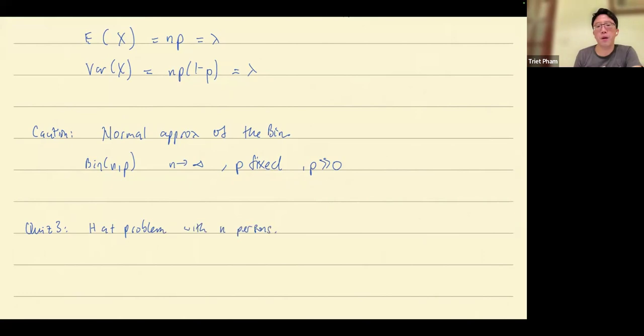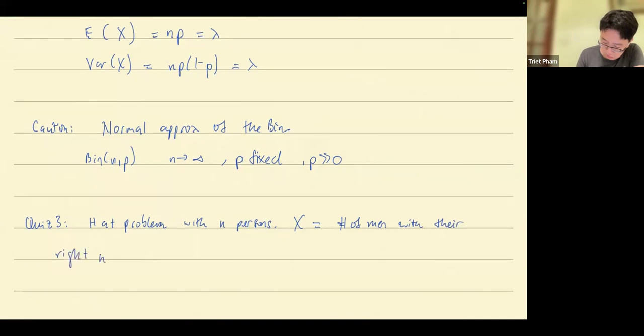Now let X be the random variable that represents the number of men with their right hats. Find the expectation of X.